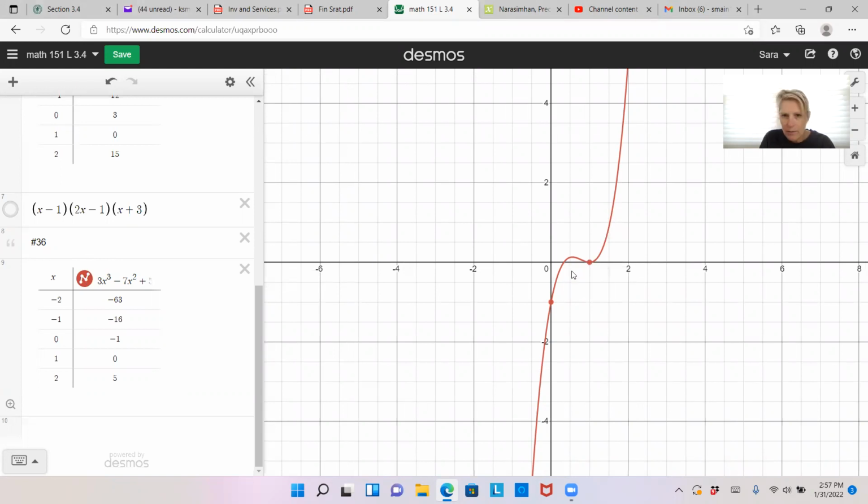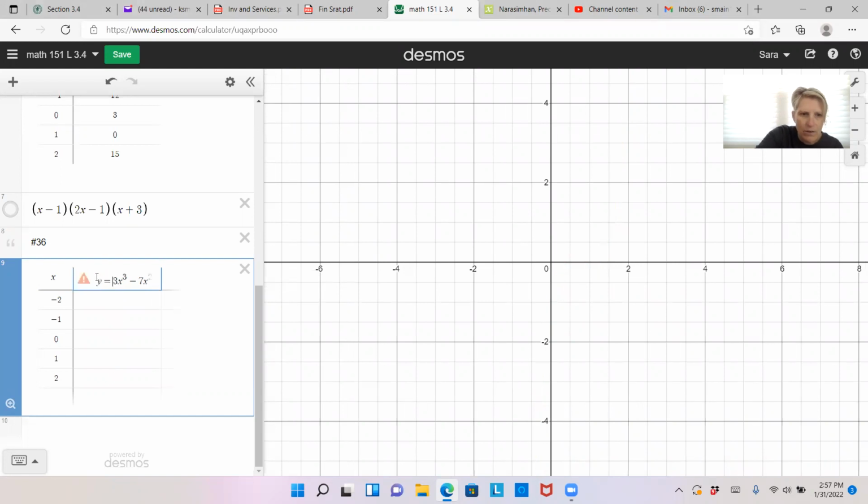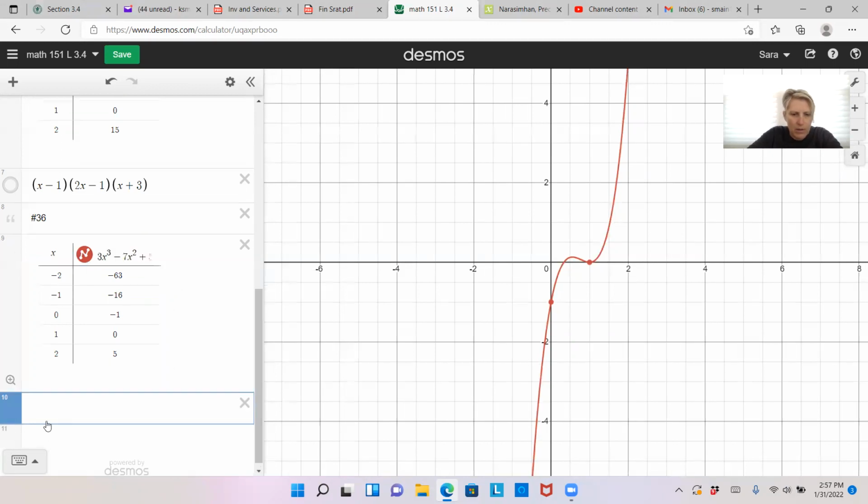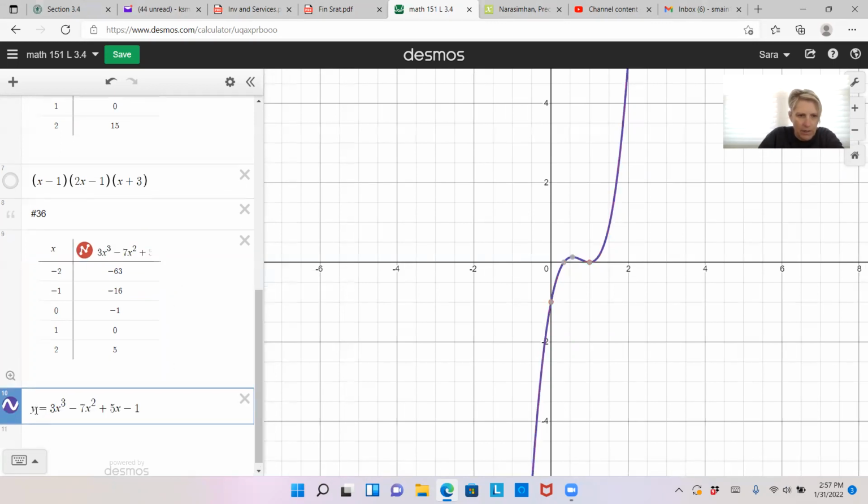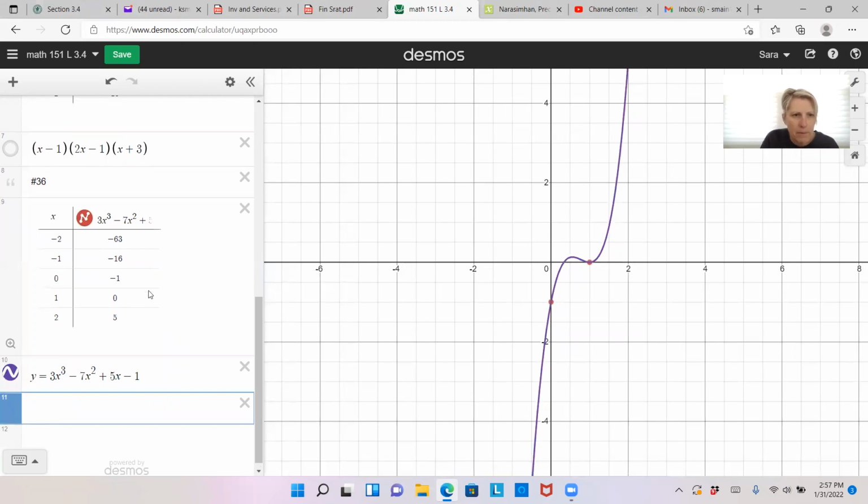And notice that it doesn't give me this right here because I didn't originally type it in as a y equal. So I'm going to just copy it. And I'm going to say y equals, and I'm going to paste it. Okay, now I did it there.